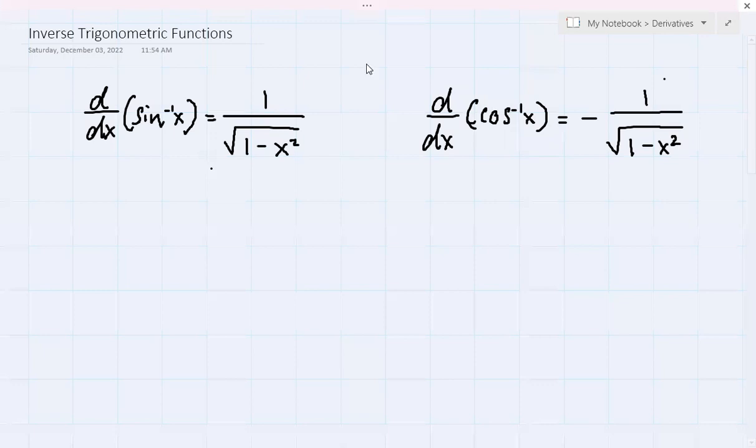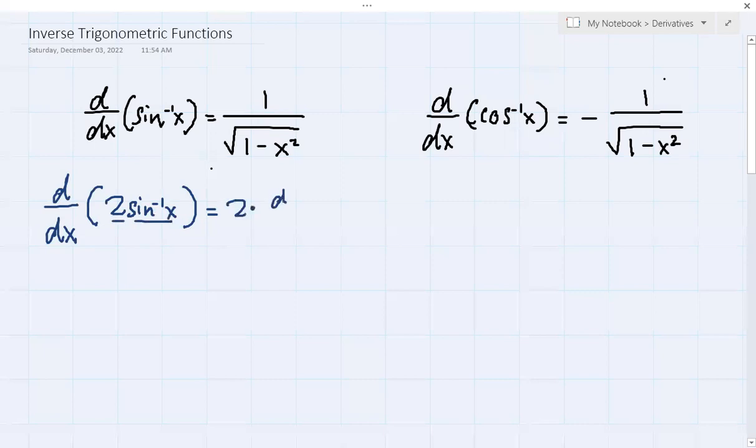So let's give ourselves some examples. So kunwari, we have the derivative of 2 times arc sine. So we have a constant and a function here, katabi niya. So as a result, we will have 2 times the derivative of arc sine.